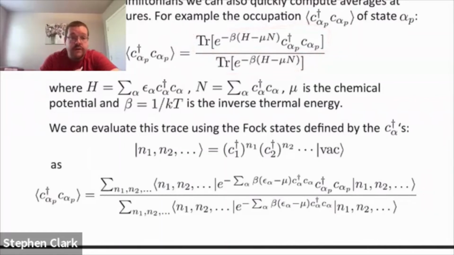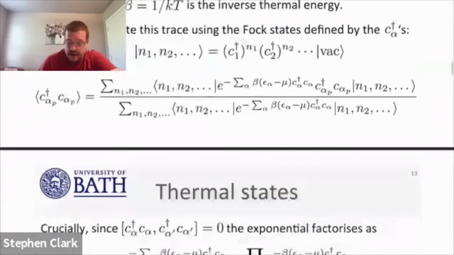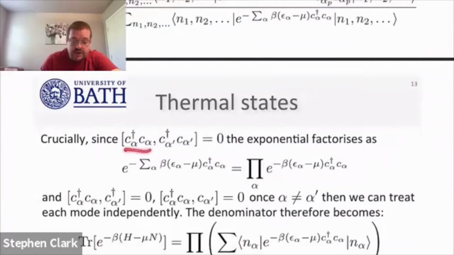And this simplifies very nicely for non-interacting systems, for diagonal Hamiltonians, because the Hamiltonian is made up of a sum of number operators. And number operators for different modes commute with each other because they're made up of pairs of operators which anti-commute. And if you anti-commute twice, you get a commutation relation.